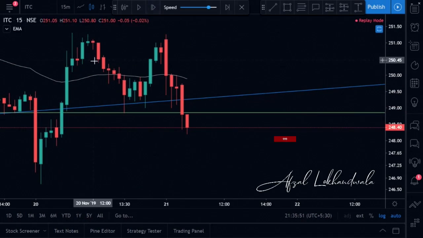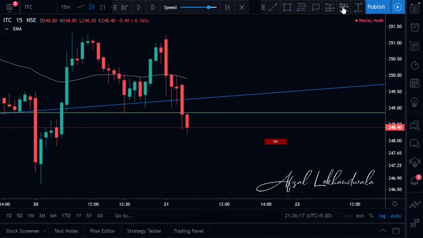We have an M top formation here, you can clearly see, and with this candle the price breaks below the trend line, breaks below the 15 minutes support. So there are two confirmations here. The first is the break of the weekly trend line and the second confirmation is the break of this 15 minutes support, and also we have an M top. So this makes up for a good intraday trade again.